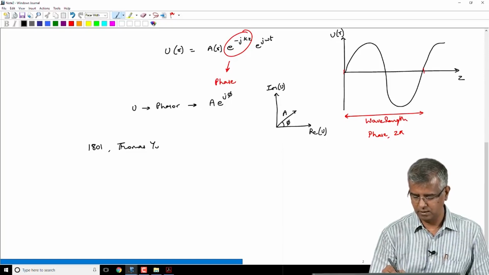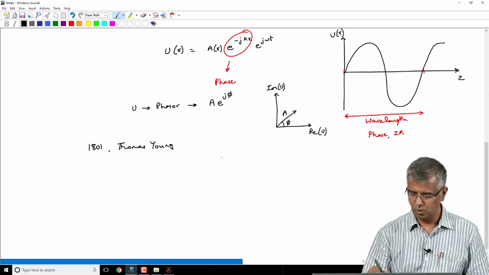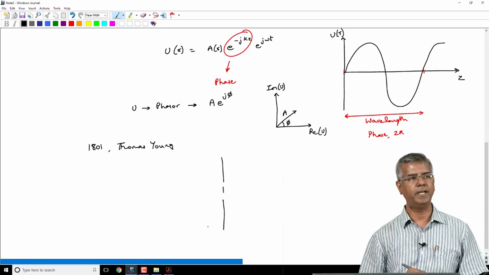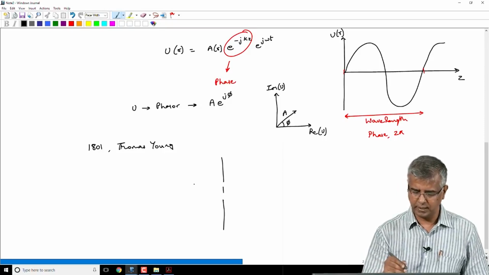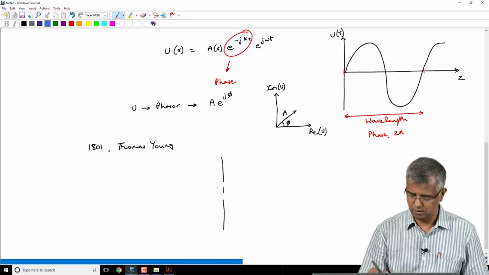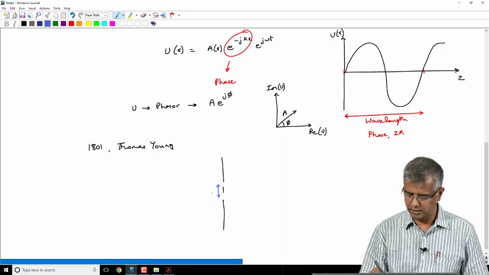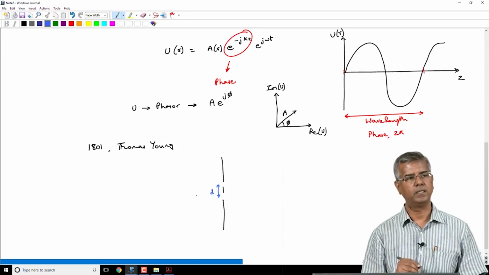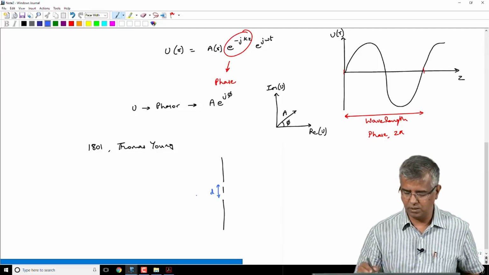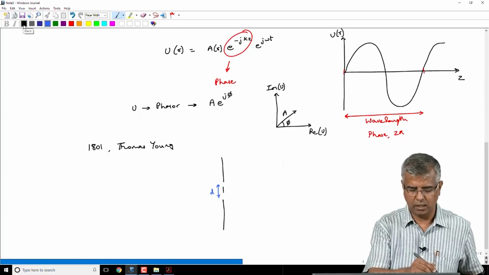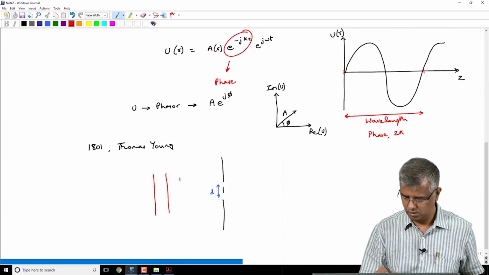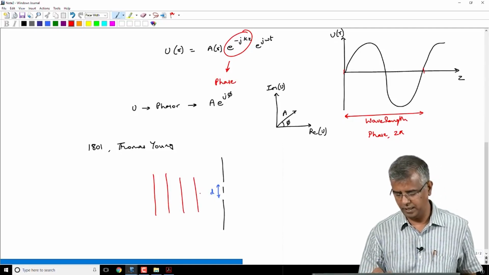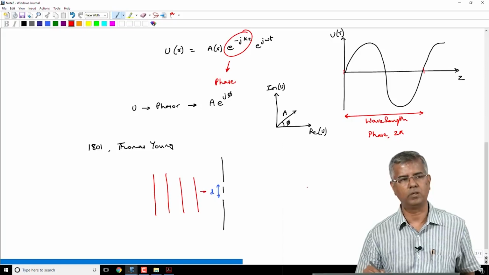Thomas Young did this experiment where he defined two slits, separated by a center to center separation D, and he observed the propagation of light through this. You have a wave incident on this aperture.